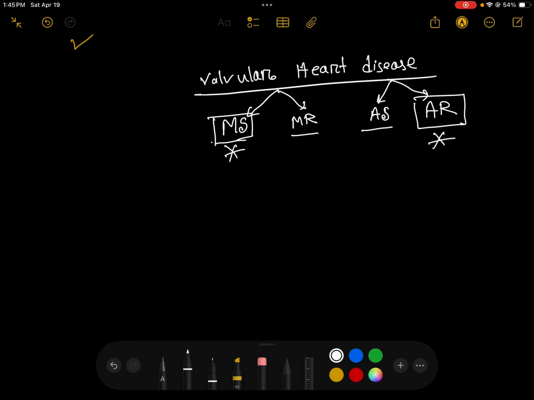Management includes clinical features, investigations, and treatment. Clinical features include symptoms and signs.